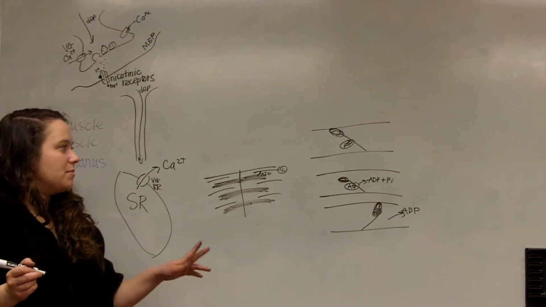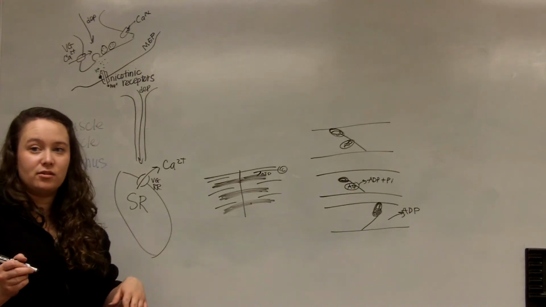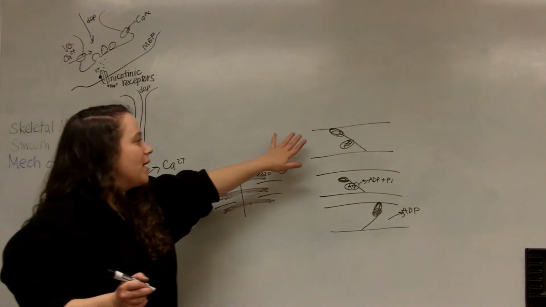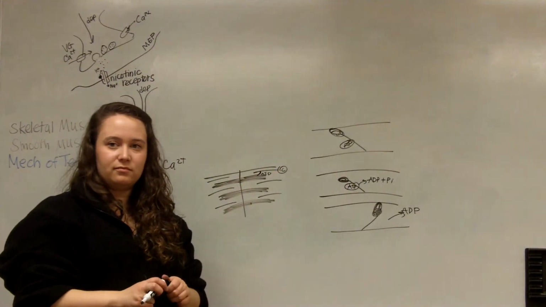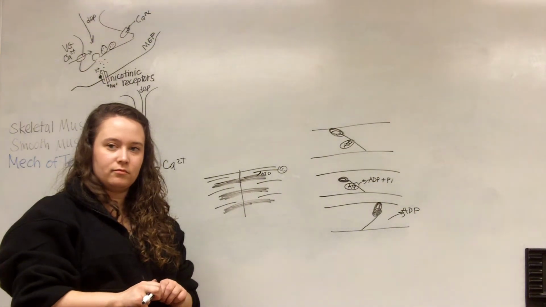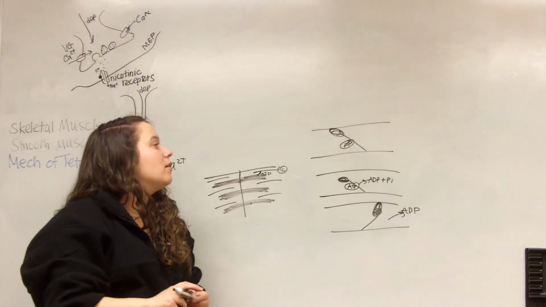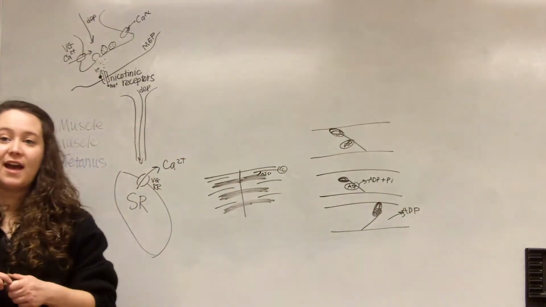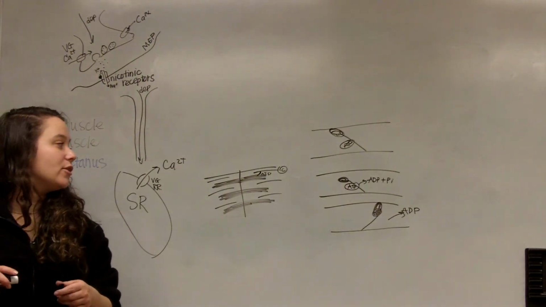The actin cannot be bound to the myosin if it has ATP or ADP attached. It's only attached to the myosin when it is naked. So one more time. Whenever the myosin is attached to the actin, there's nothing bound to it. There's no ADP, there's no ATP.